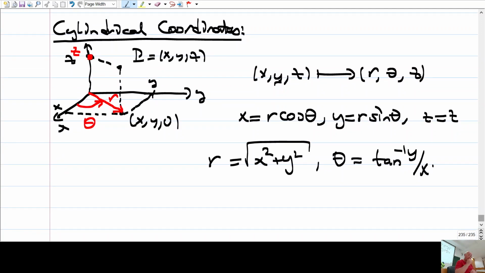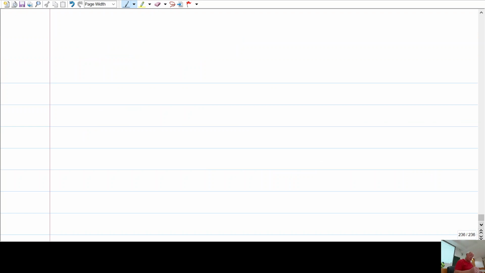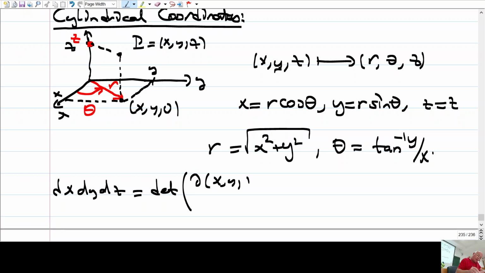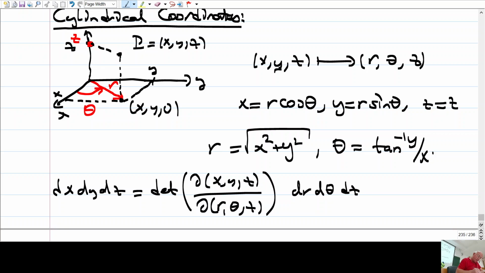So these are the coordinate transformation formulas. What is the Jacobian? So dx, dy, dz in terms of r, theta and z. So that will be the determinant of the Jacobian of x, y, z with respect to r, theta, and z. And then I will have dr, d theta, dz.